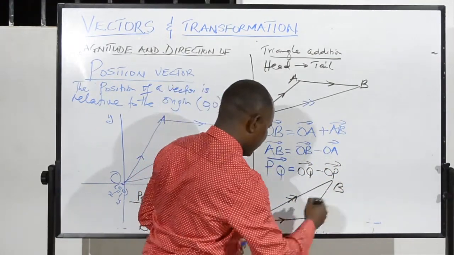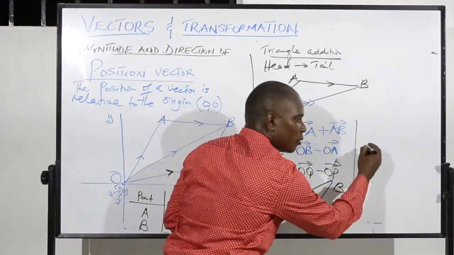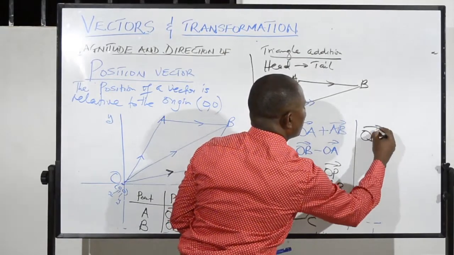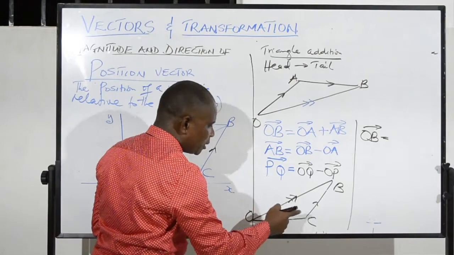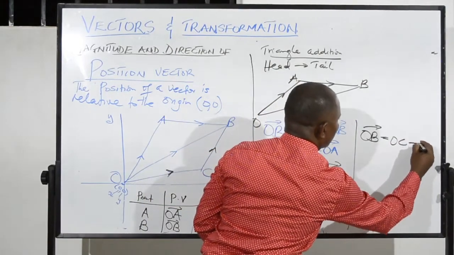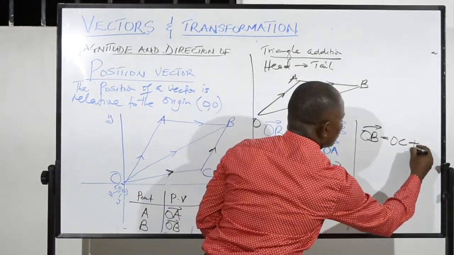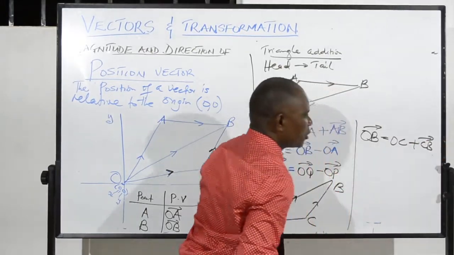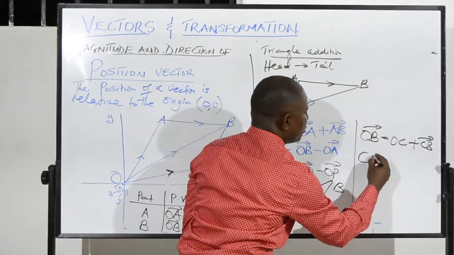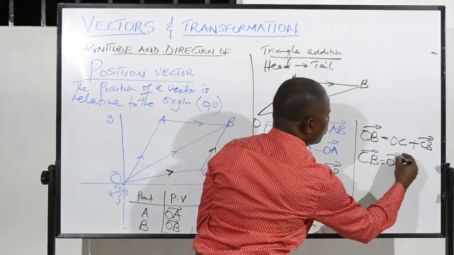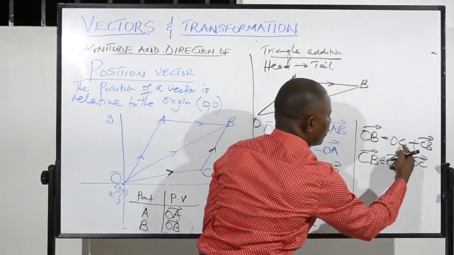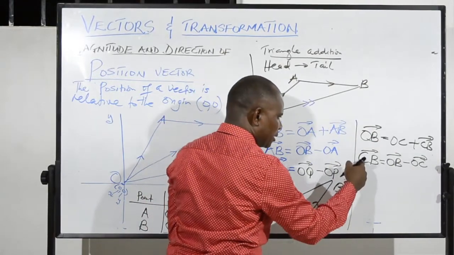So OB is OC plus CB. You can now make CB the subject of the formula: CB is equal to OB minus OC. I've just transposed.